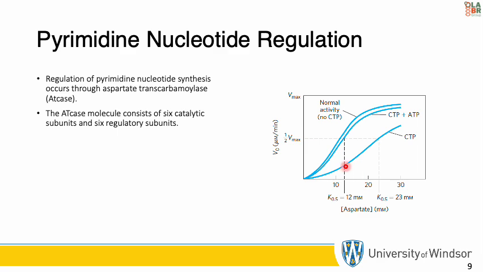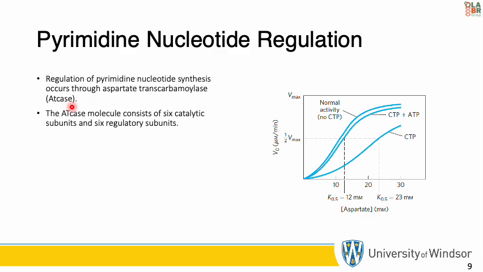Okay, so shifting gears a little bit, we've been focusing a lot on pyrimidine synthesis, but now we've got to focus on pyrimidine nucleotide regulation. Regulation of pyrimidine nucleotide synthesis occurs through aspartate transcarbamylase, or ATCase. In bacteria, this regulation occurs in large part through ATCase, which catalyzes the first reaction in the sequence, and it is inhibited by CTP.